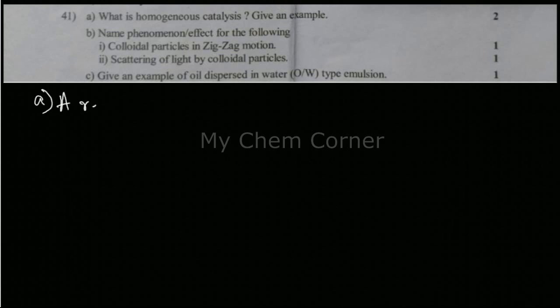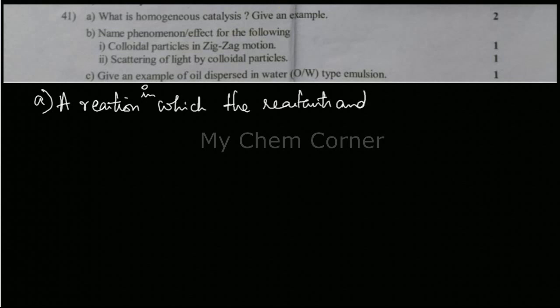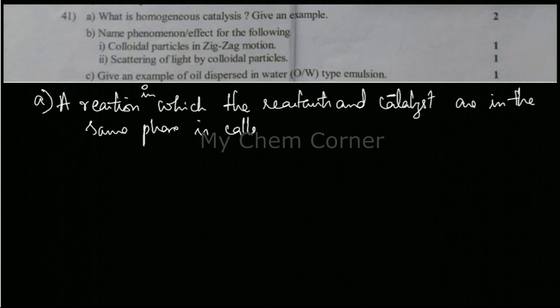So here we can write that a reaction in which the reactants and catalyst are in the same phase is called homogeneous catalysis. So you need to have your reactants and your catalyst both in the same phase.